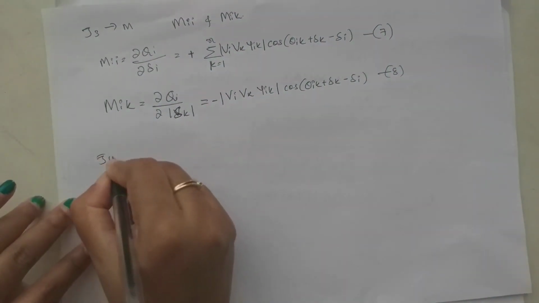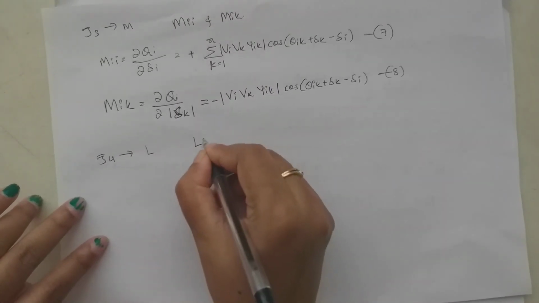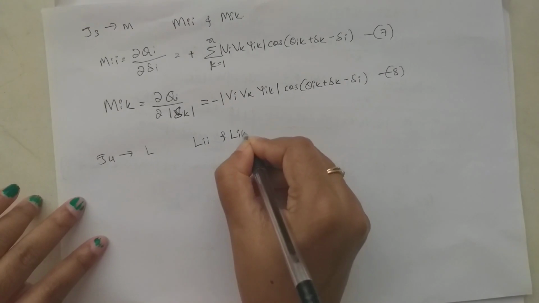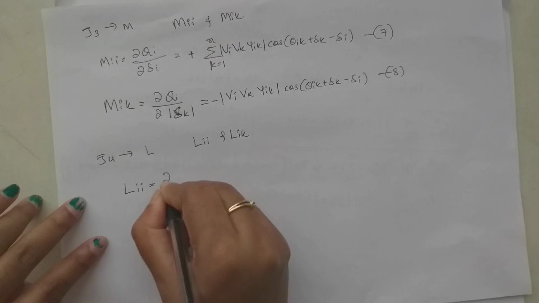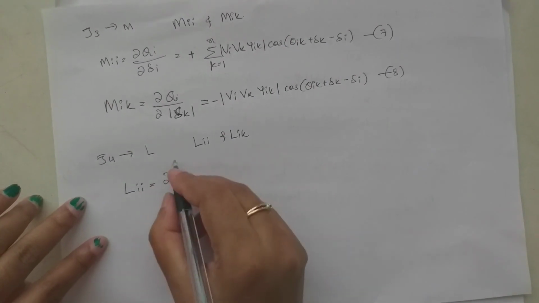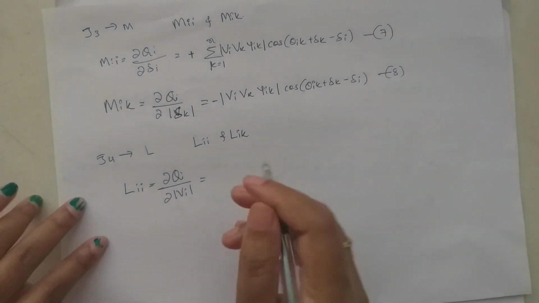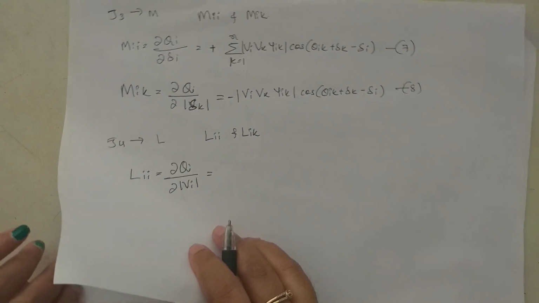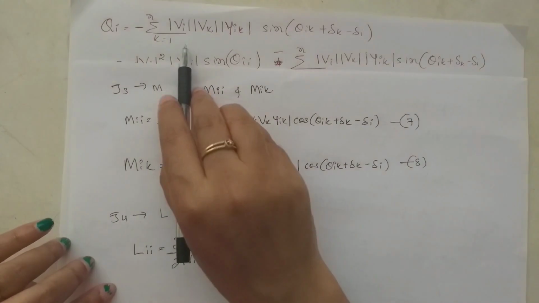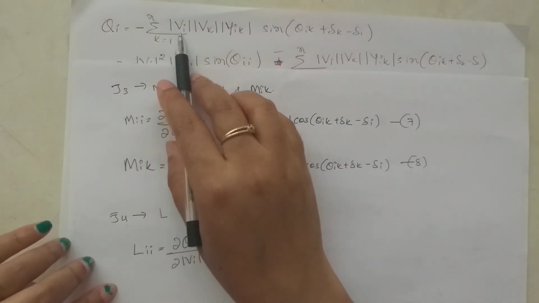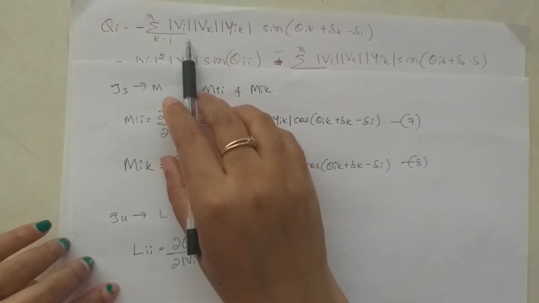Next we have to find matrix J4, which is also called matrix L. We have to find diagonal as well as off-diagonal elements. The diagonal element is the partial differentiation of Qi with respect to Vi. When we partially differentiate, the Vi term becomes 1.